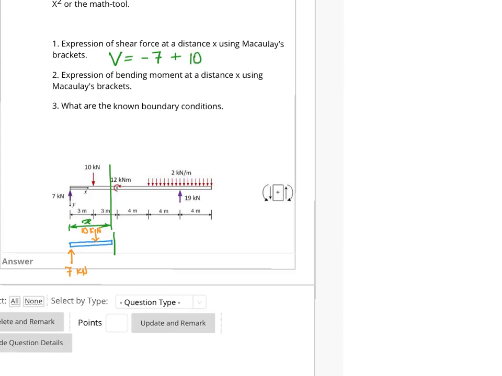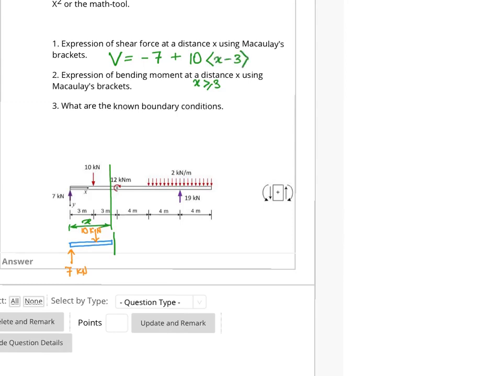Now do remember that this expression that I'm writing is valid for any x. Here, when x is less than 3 meter, the 10 kilonewton will not come into the expression of the shear force. The 10 kilonewton only comes into the picture when x is more than or equal to 3 meter. So we need to use a Macaulay bracket here.